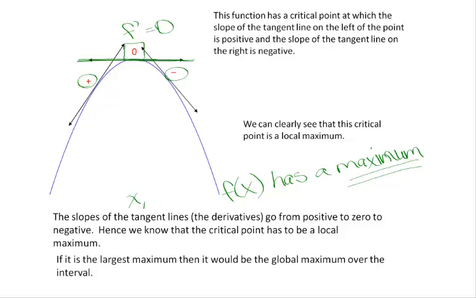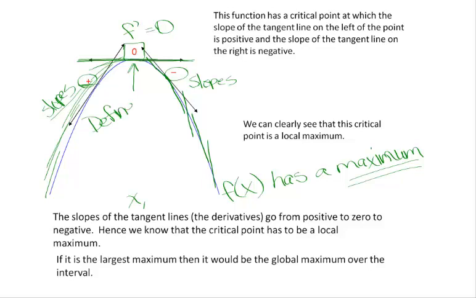When I determine that my slopes, because that's what the derivative is, change from positive values, everything here has a positive slope, to 0, and then they change to negative values after that, again, the slopes are the outputs of the derivative, then I have determined that my function must have a maximum at this input value. This defines a maximum.